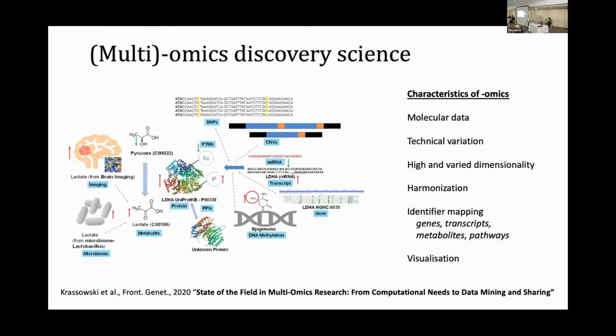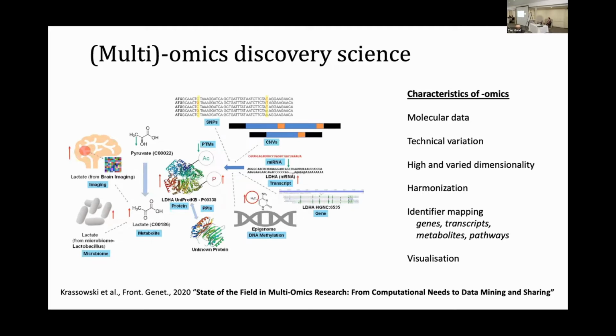Omics is something in the biomedical sciences that has become a bit of a buzzword. But what it means is measuring a lot of things at the same time, in different biological layers. You have, for example, genomics, proteomics, metabolomics, and in each of these layers, you're measuring a whole lot of proteins, a whole lot of transcripts, a whole lot of small molecule metabolites at the same time in the same sample.